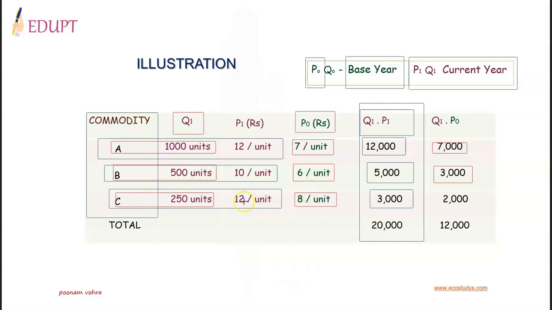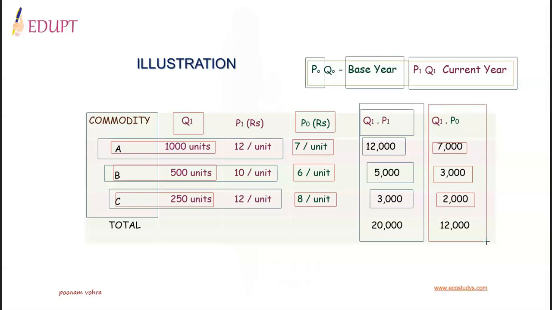So money value would be 250 into 8, that is 2,000 in the base year. So national income at constant prices would be the summation of the money value of all the three goods. That is 7,000 plus 3,000 plus 2,000, which is 12,000.